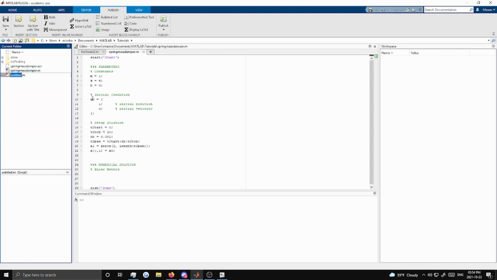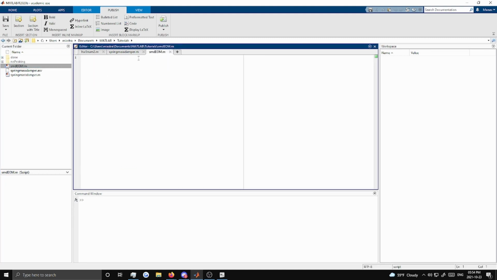We'll create a new script, and we'll call this the spring mass damper equations of motion. And this will be a function, right? So if you remember from the last video, we defined our output as dx, and we had some function, which is in this case the equations of motion, of time, position, or current state, and then we had some of our parameters, which would be mass, the damping, and the spring constant.